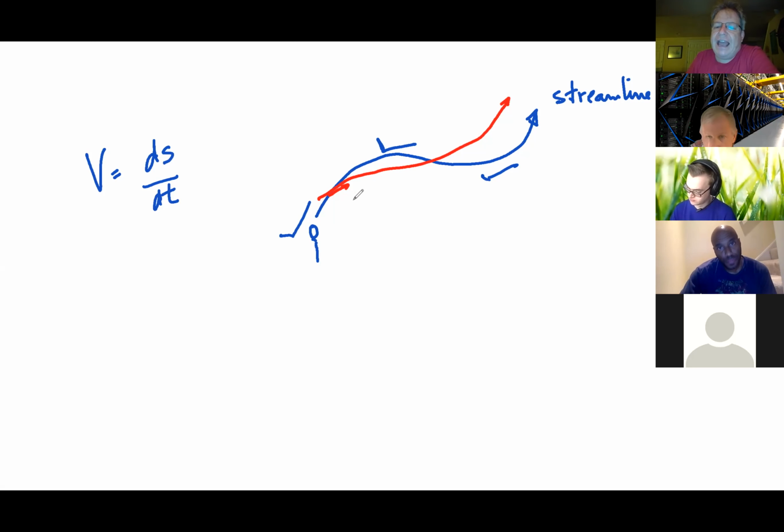What do we call the actual path of the balloon? What's that word? That's its trajectory.